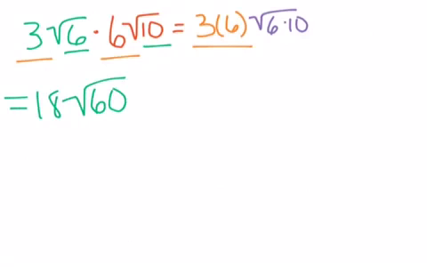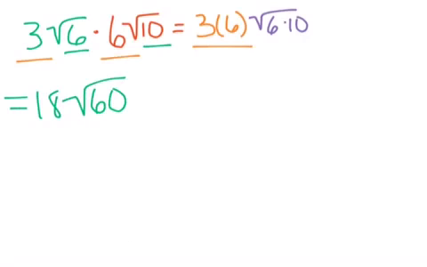After that part, though, you have to simplify whatever is under the radical sign, to simplify that radicand. And remember, it is simplified if there are no radicals in the denominator and if there are no perfect squares under the radical sign. So what perfect square is in 60?